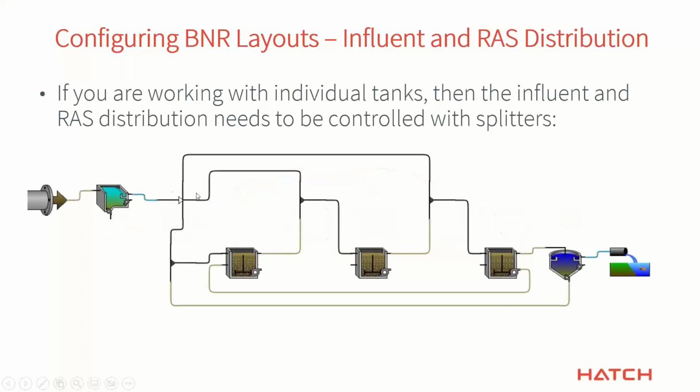So here I would put a 3-way splitter. Some of that flow would go into the first tank, and then the effluent would come out and combine with some of the flow going into the second tank, and then the same thing for the third tank. So a lot more stuff on your drawing board in order to do the same thing. It works out to be mathematically equivalent to what I showed you before. So whatever is your preference, you can do it that way.